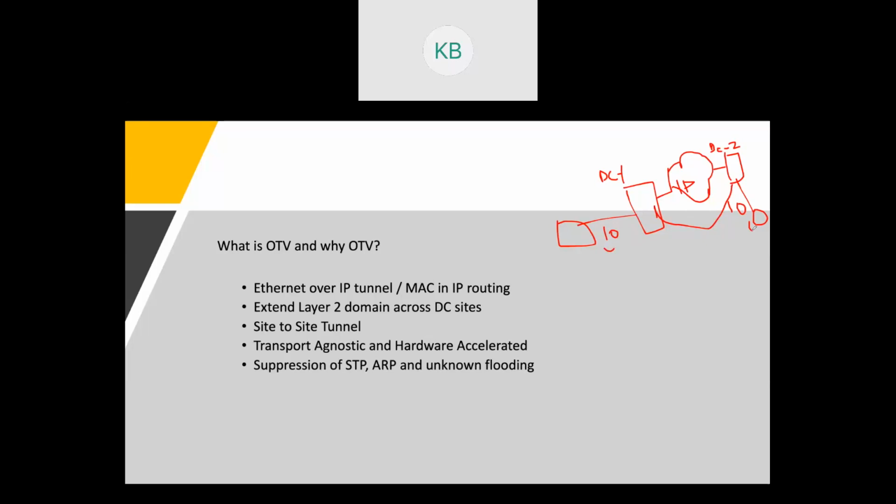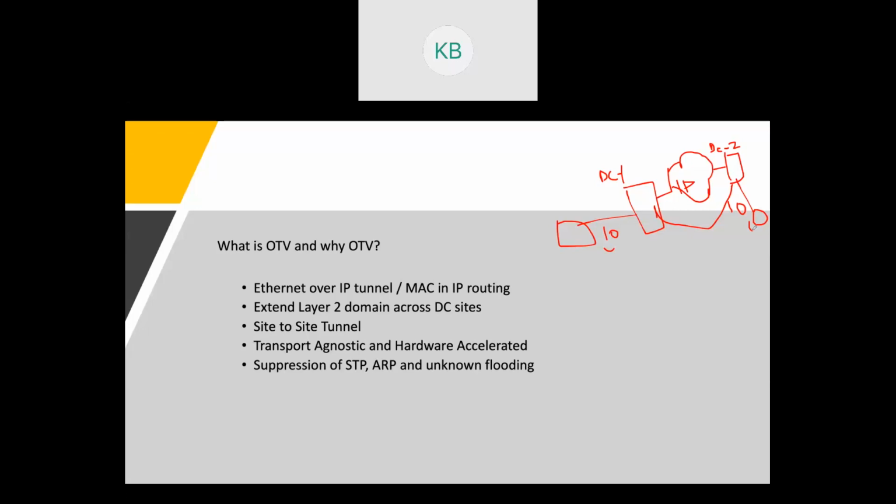So the root bridge of VLAN 10 in site 1 would be local to that site, and the root bridge for site 2 in data center 2 would be local to that site. The reason we are doing it is that if any STP convergence happens, or if anything bad happens in one data center, we don't want other data centers to be impacted because of that.